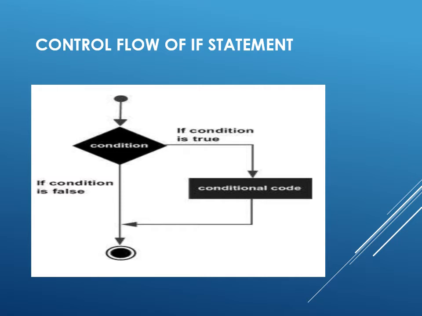And if the condition is false, then the control will directly go to the end, and this will end the if statement. It will not go into the if statement curly braces. But if the condition is true, it will execute this statement, and after the execution of the statement, it will go to the end of the program.